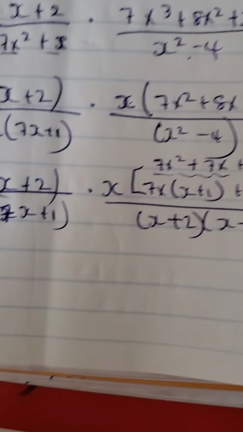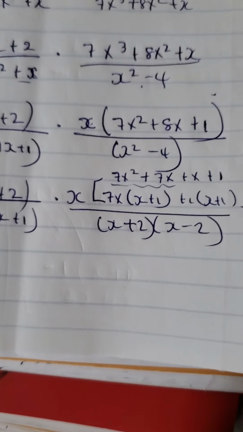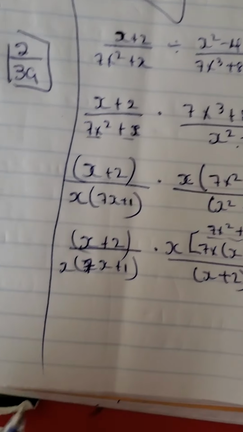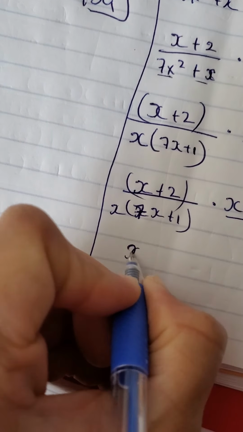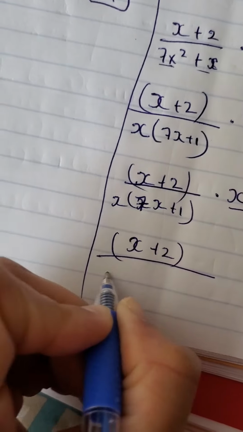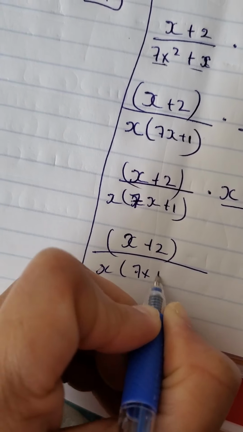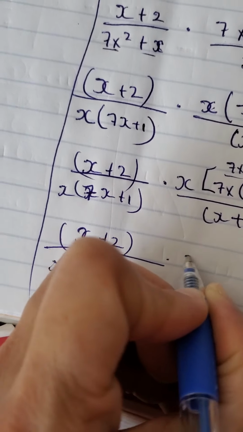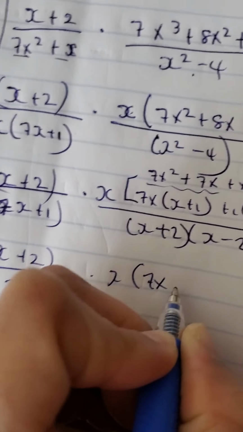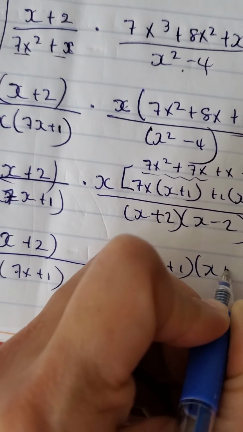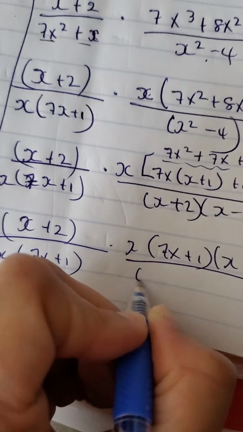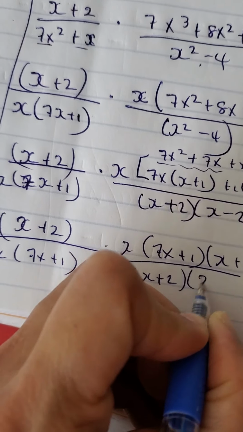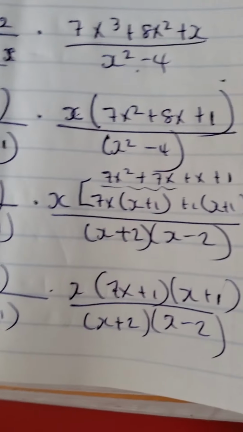Good. Now I can write everything in factored form and give my grand finale of factoring. So here we go. It's x plus 2 over x times 7x plus 1, times x times 7x plus 1 times x plus 1, over x plus 2 times x minus 2.